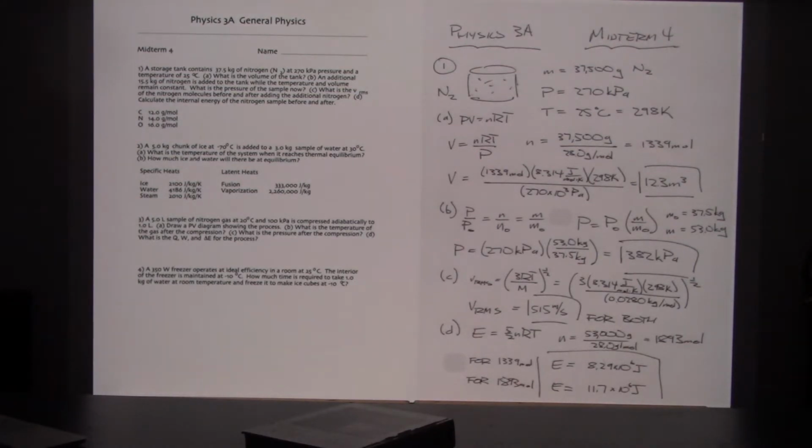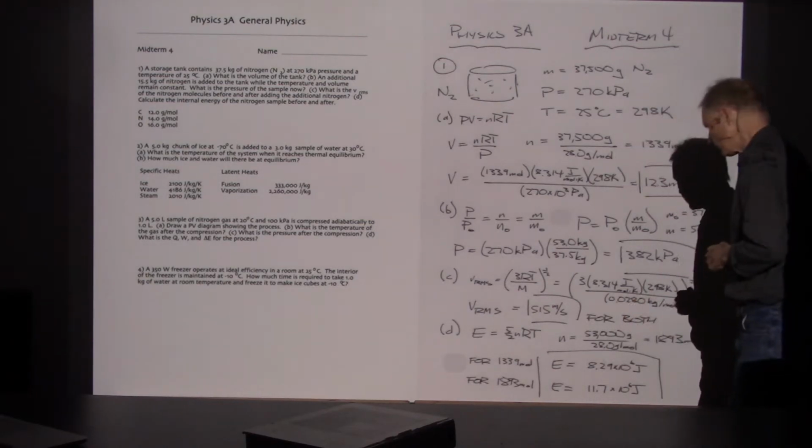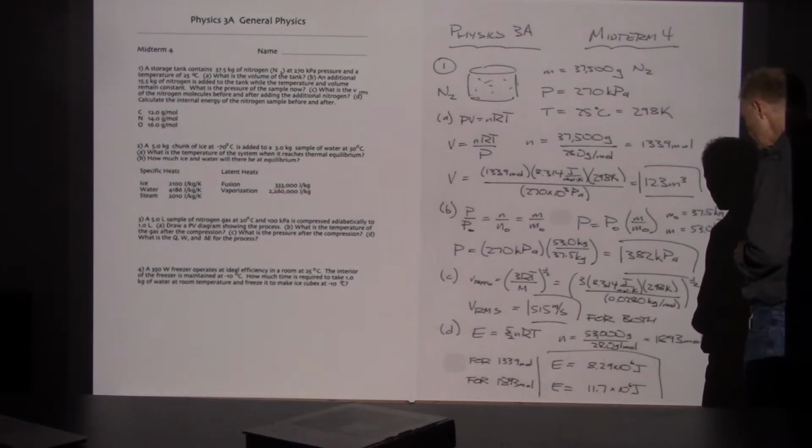Now, how big was this? This container is pretty big, right? And it's pretty high pressure. So we're going to have quite a bit of energy. The energy worked out to be 8.29 million joules with the original sample of molecules. And then that went up to 11.7. Does that seem right?